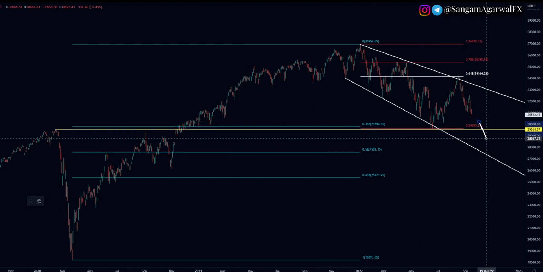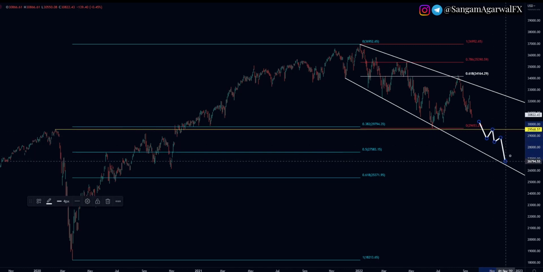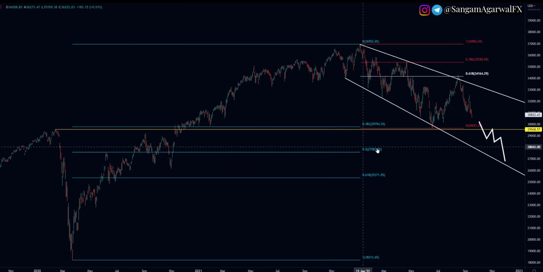So this is a strong horizontal resistance for sellers. If this level breaks, then we will sell the retest and target first this lower trend line and the 50 and 61% retracement level.